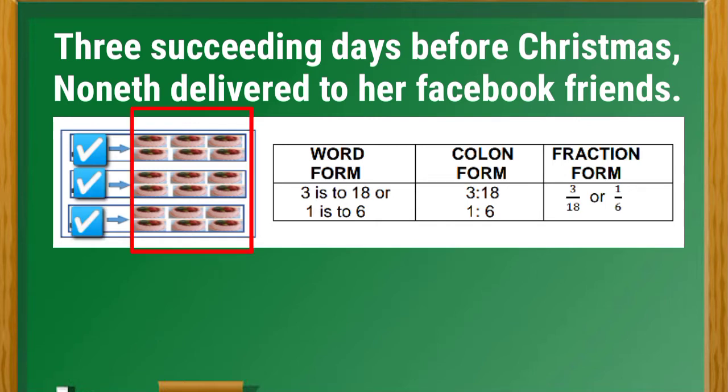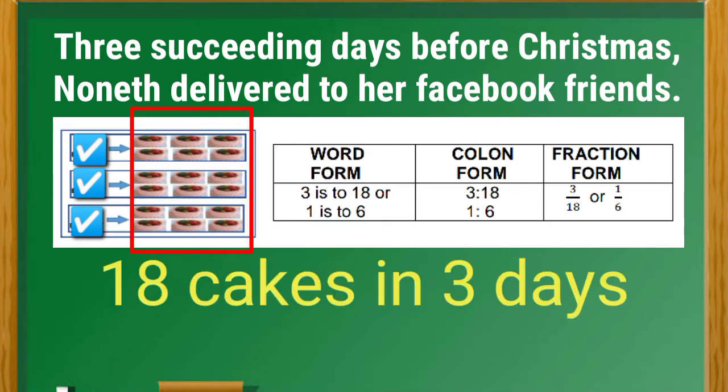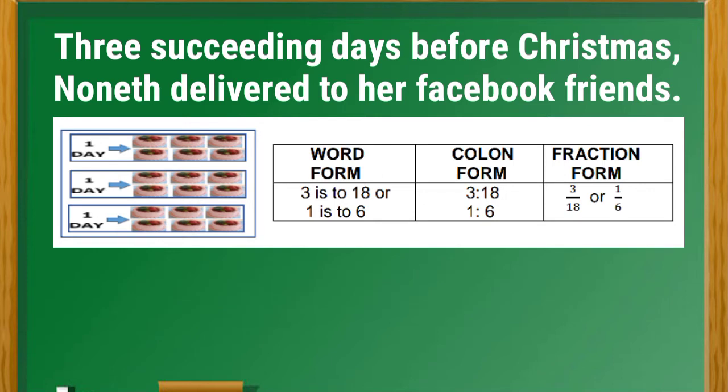So if you add all the cakes delivered, there are 18 cakes in 3 days. So if you form a ratio of the number of days to the number of cakes delivered, that will be 3 is to 18. As I have said, ratio can be expressed in word, column, and fraction.